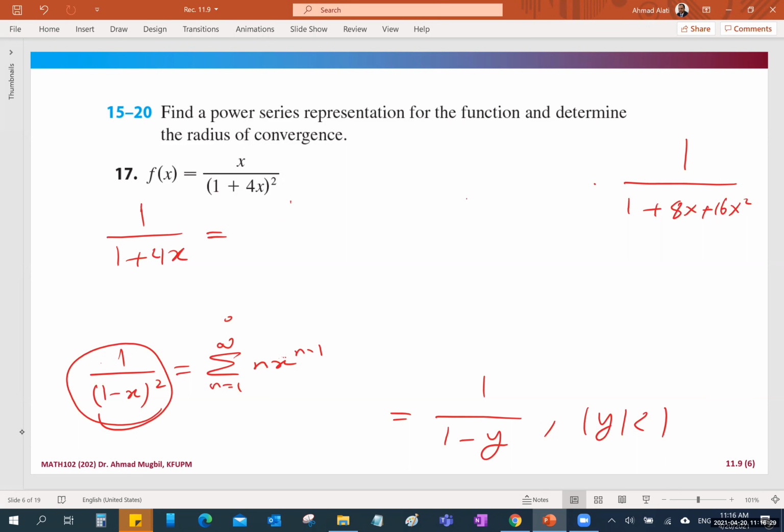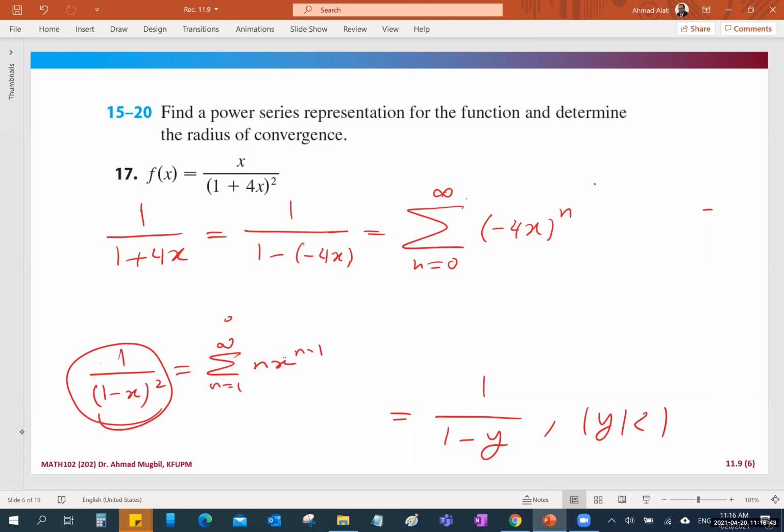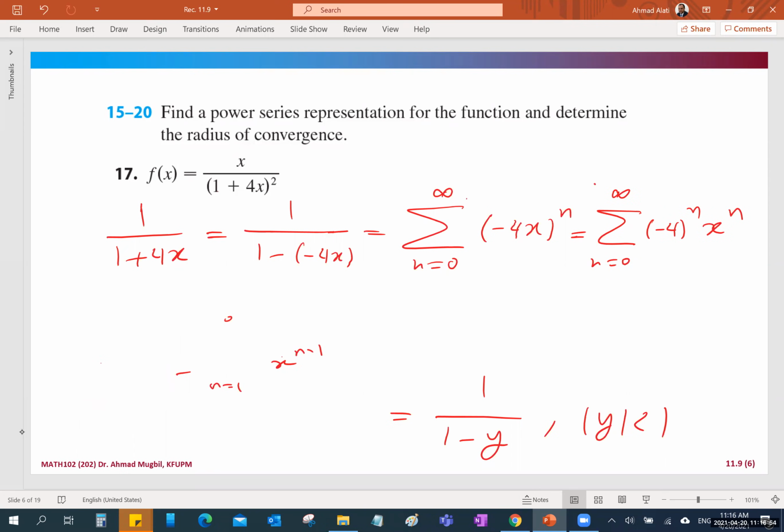This is 1 over 1 minus 4x. Oh, yes, it's much clearer. So it will be sigma of minus 4x to the power n. Now this equals, of course, you can also write it as sigma, n starting from 0 to infinity, negative 4 to the power n, x to the power n.